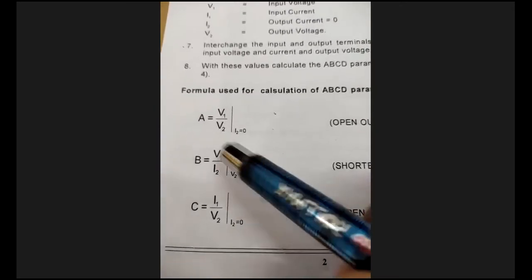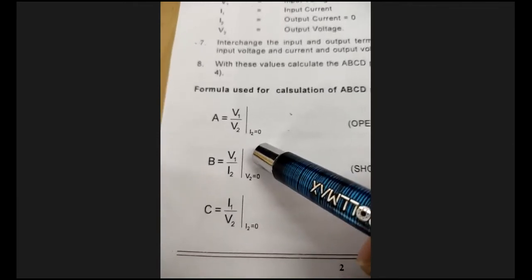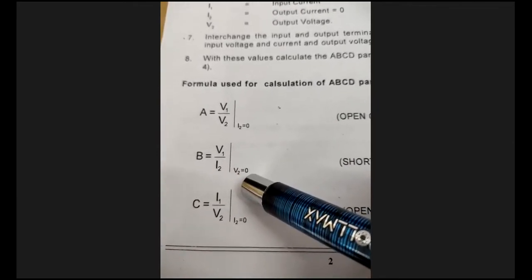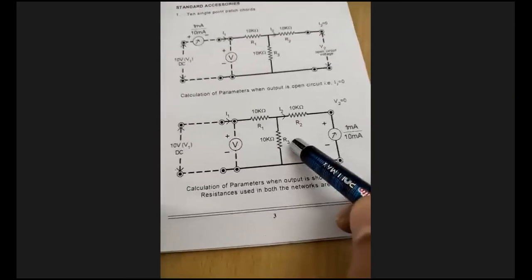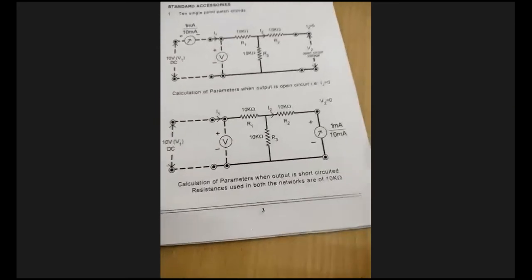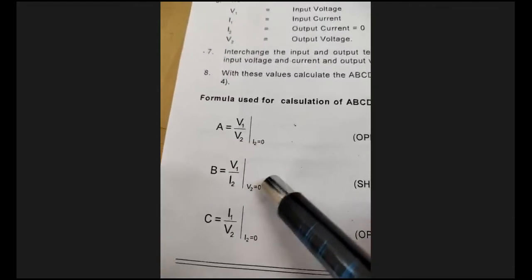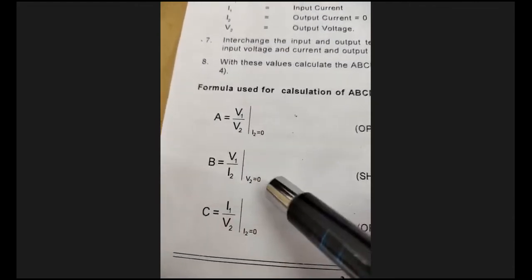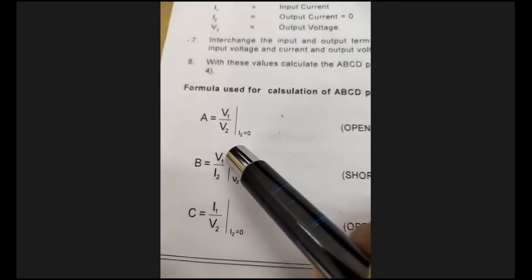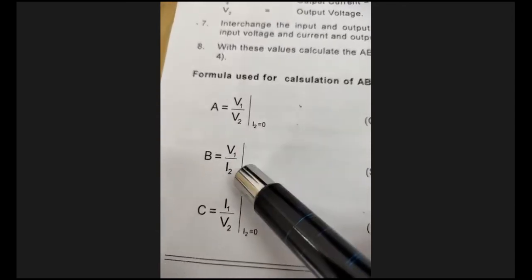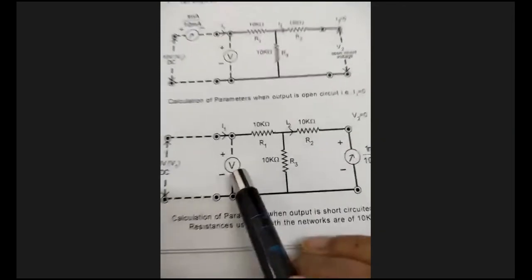Now come to the equation B. In B you can clearly see the condition is V2 equal to 0. Here in the second circuit the V2 is equal to 0, I already told you. So in the equation B, when the condition is V2 equal to 0, we already found out the V1 and I2. This is the V1 and this is the I2.